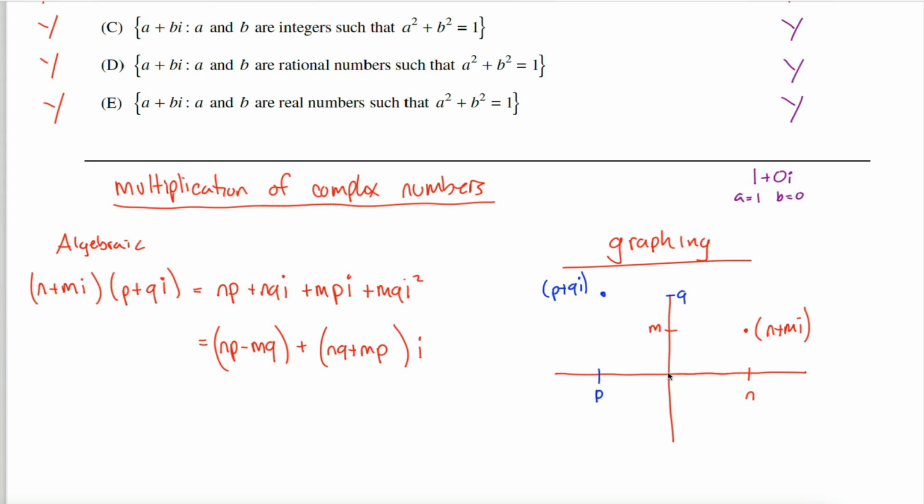What I'm saying is if you connect the origin to this point here, and you connect the origin to this point up here, the vector that would represent the complex number that's the product of these two, you'd get by just adding their directions and multiplying their magnitudes.